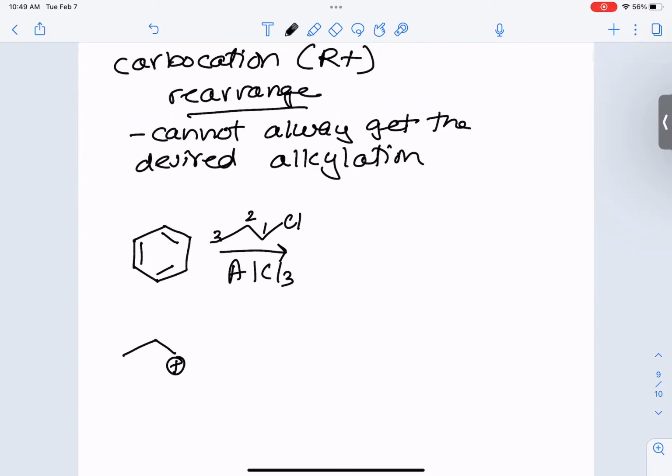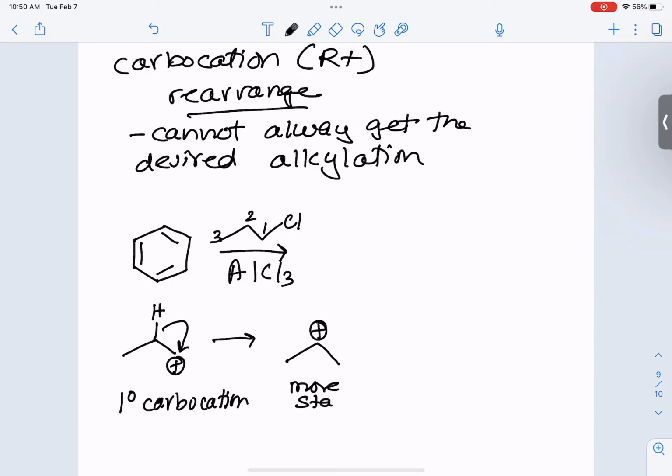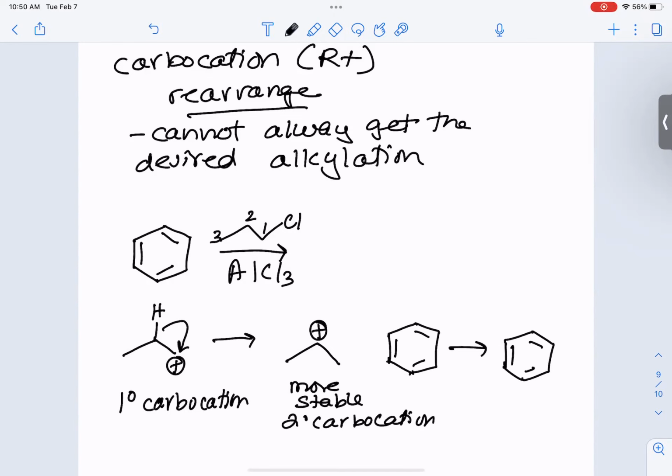Before this can react with our benzene ring, this primary carbocation is going to rearrange to give us a more stable secondary carbocation. Now, this is what reacts with our benzene ring. And that is what we get.